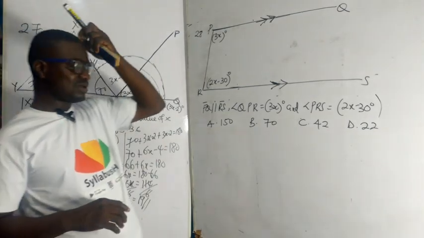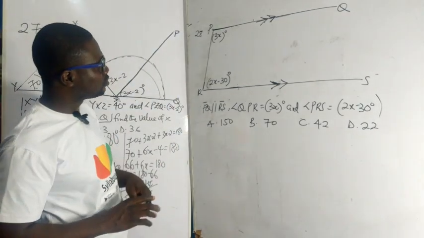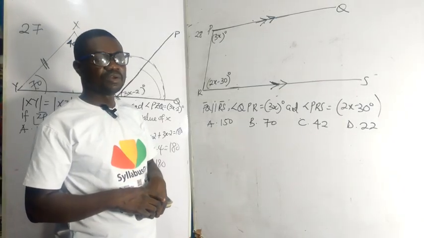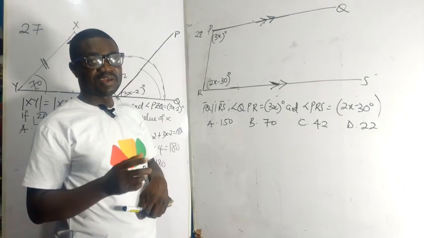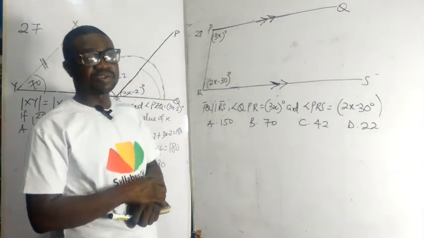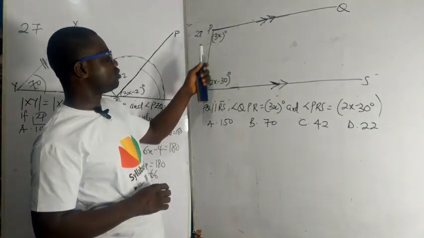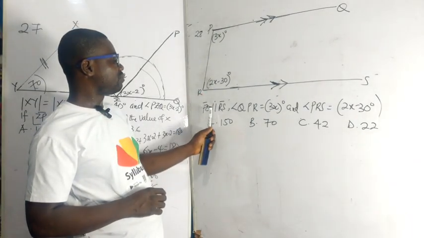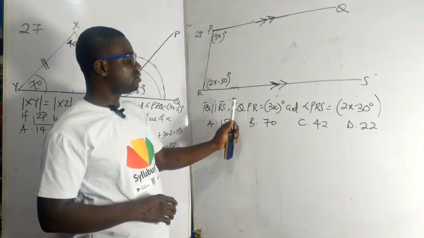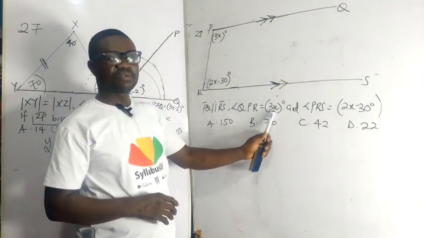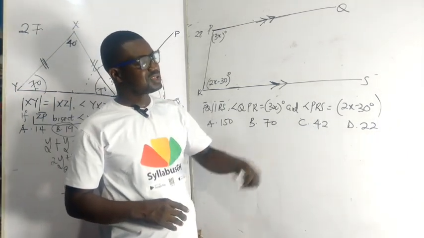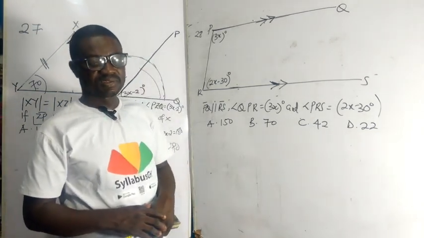Now let's come to question number 28, and this is also another update where most of the students want to dodge the question, but always remember these questions are usually repeated all the time. Looking at this question, line PQ and line RS are parallel, and angle QPR is 3x degrees and angle PRS is 2x minus 30.